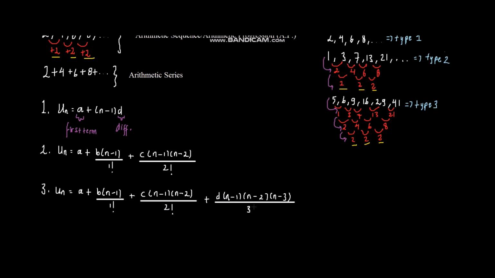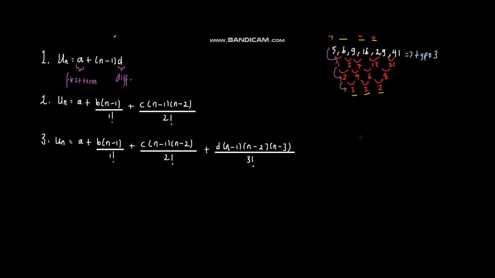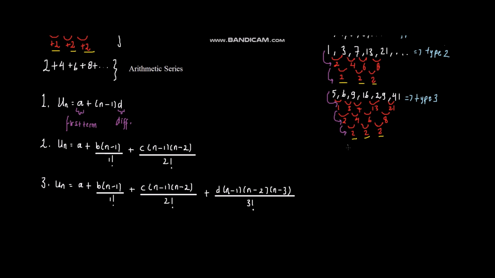3 factorial, right? It can go on. For example, if you've done this method and it goes until 4 layers, you can add another term here and just plug in the a, b, c, d, e, like that.